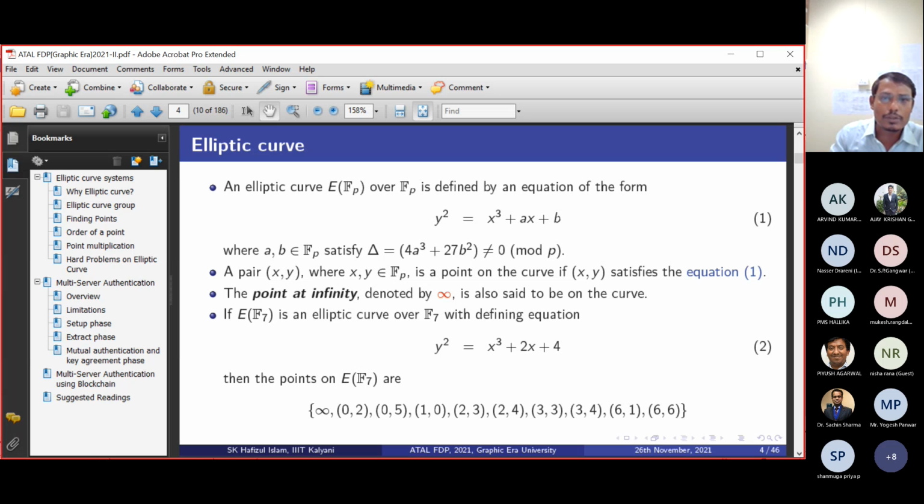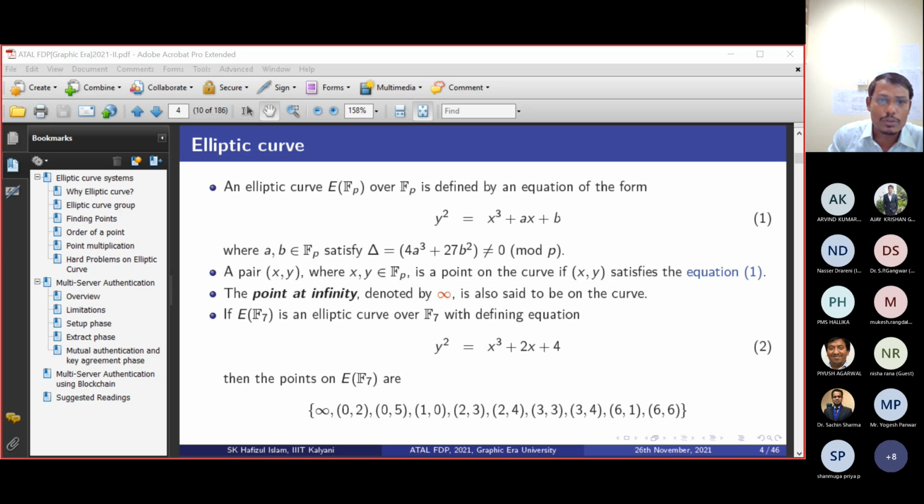If I take x equal to 1, then 1 plus 4 plus 2 is 7, which is not a perfect square, so we are not taking that either. Oh sorry, I have taken this curve: y square equals x cube plus twice x plus 4.